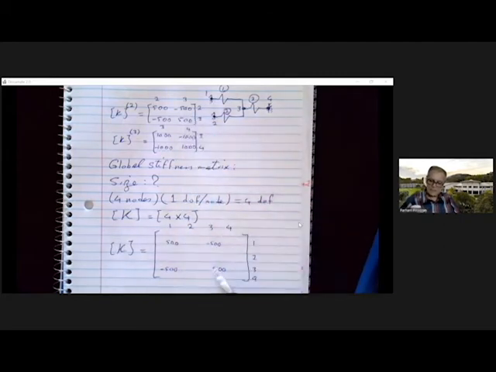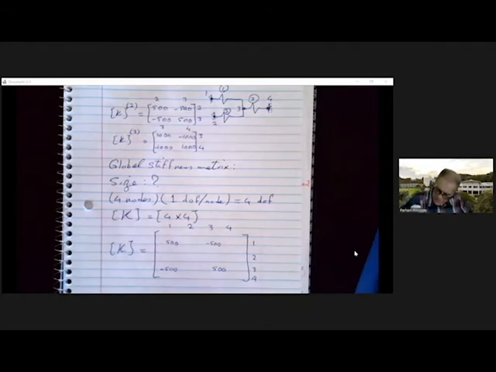Take the element stiffness matrix and dump them in the right spots in the global stiffness matrix. All right, did you do this?